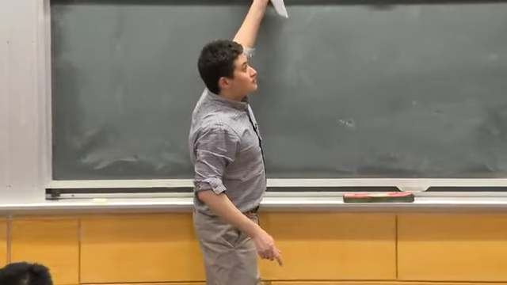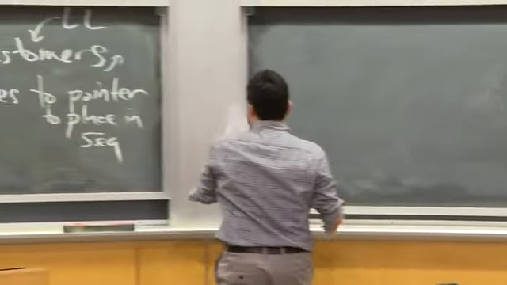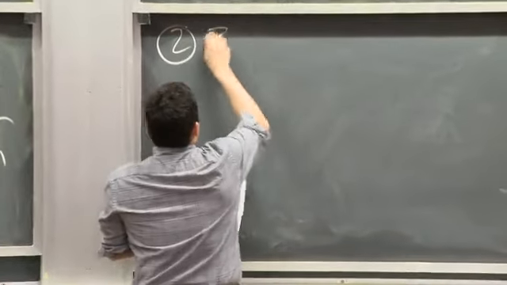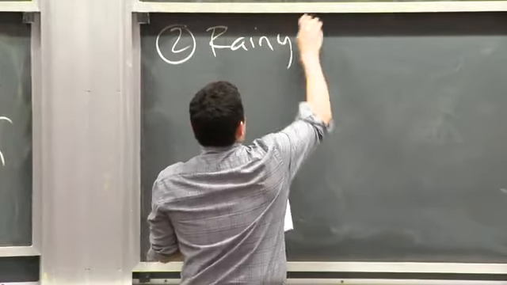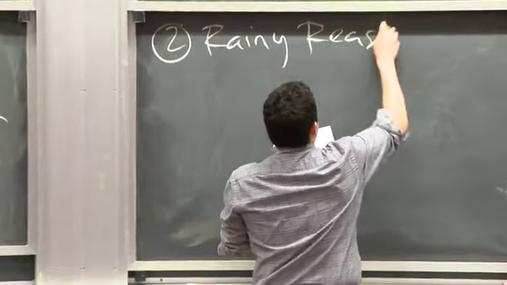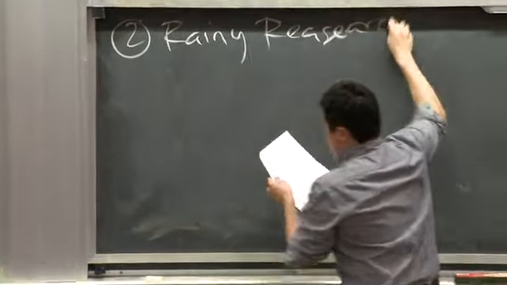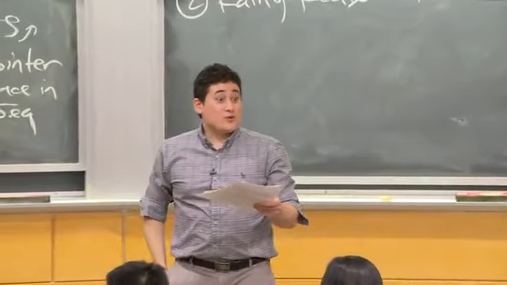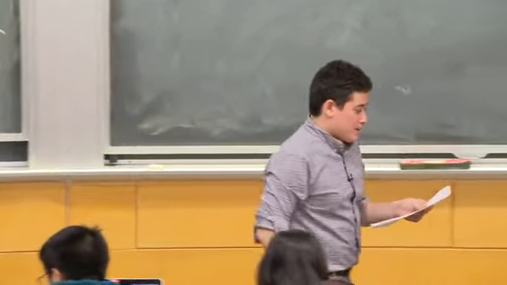Next question, last 10 minutes or so. Rainy research. This was a problem that people had nightmares about. Okay, so basically we've got Mether Wan. He's a weatherman, a scientist who studies global rainfall.